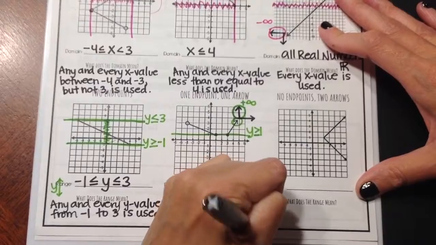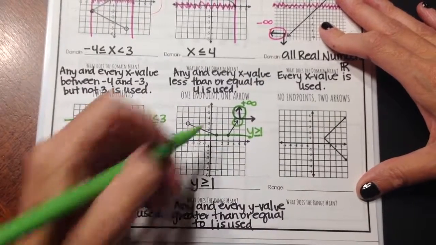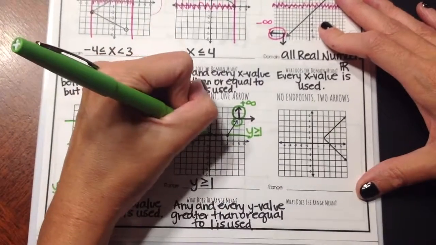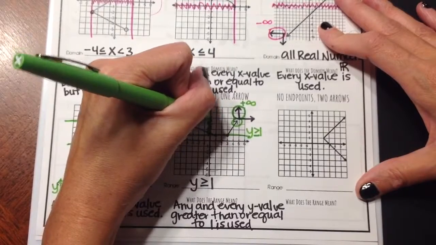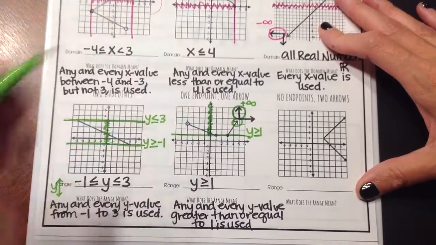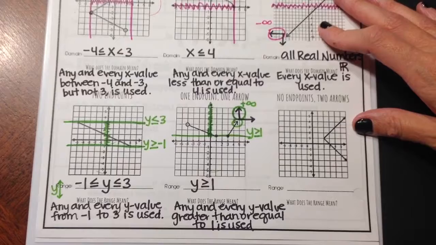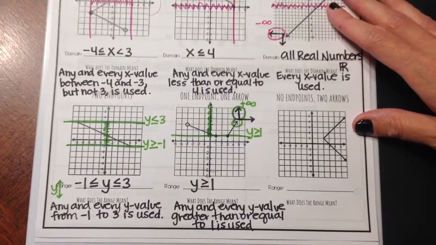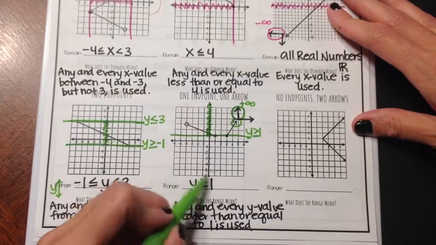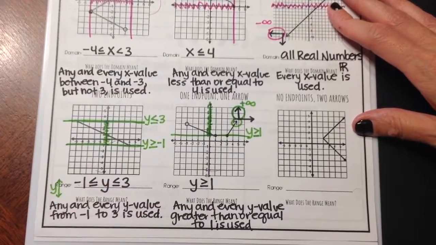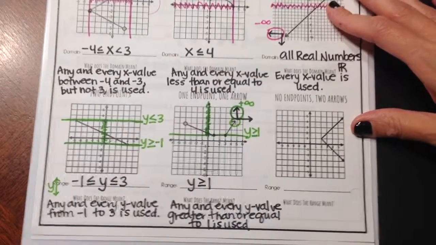So if I was making a list, I would start at 1. 1 would be included in my list, and I'm going to include every y value all the way to positive infinity. All of those y values are going to be included in my list. But again, we don't want to write that list out. There are way too many numbers, which is why we're going to use our inequalities to write that list.